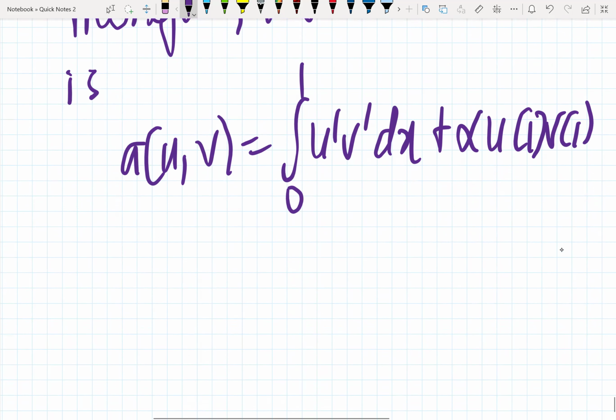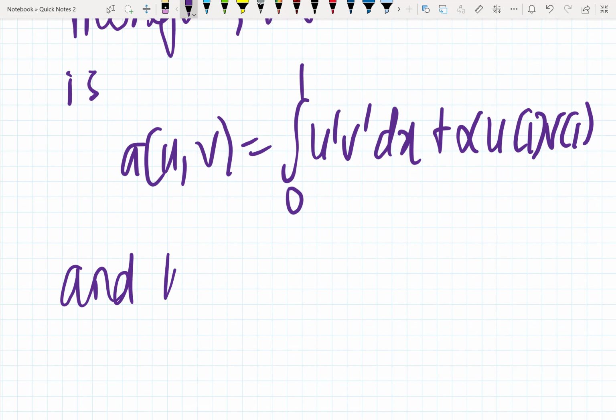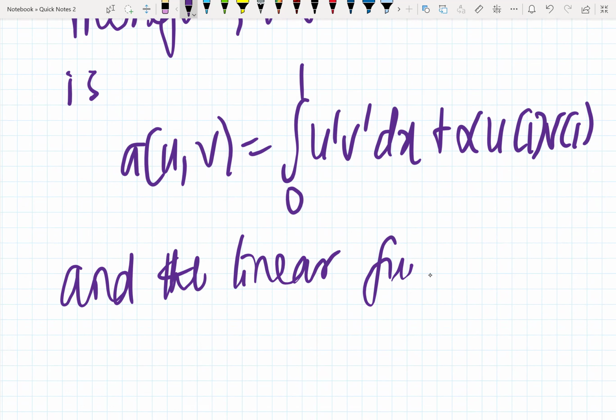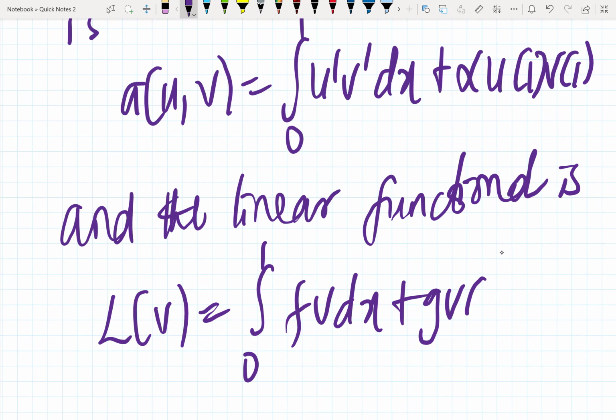And the linear functional is L of v, which is equal to the integral from 0 to 1 of fv dx plus g v of 1. That's this other side of the expression.